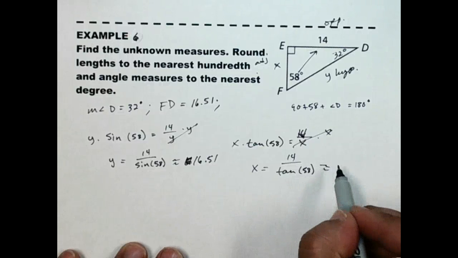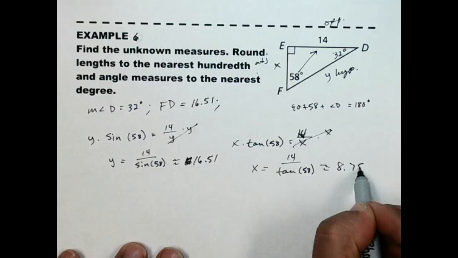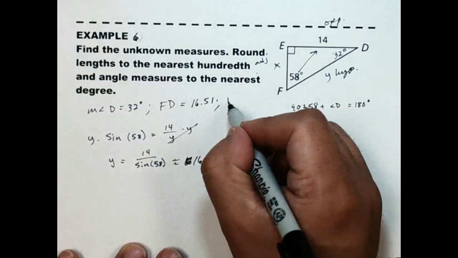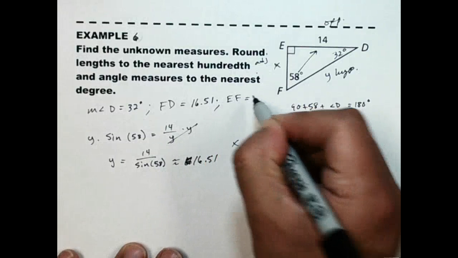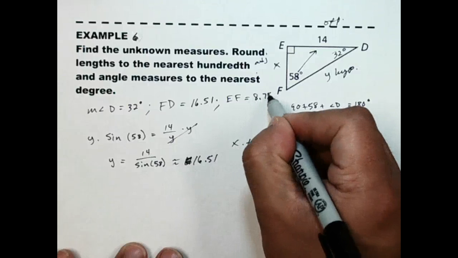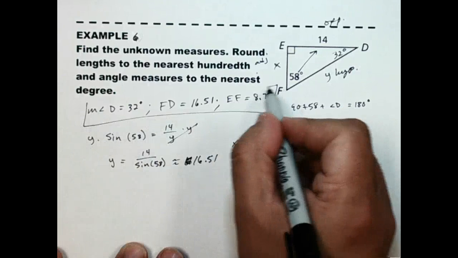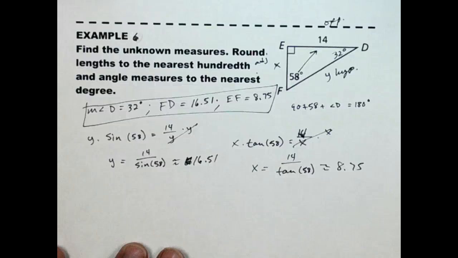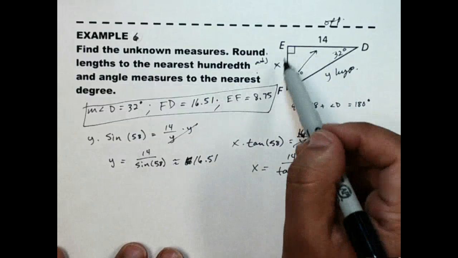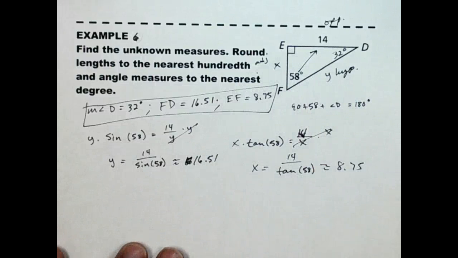Okay, and I get that that's going to round to 8.75. So EF is 8.75. All right, so those are the missing pieces of this triangle DEF.